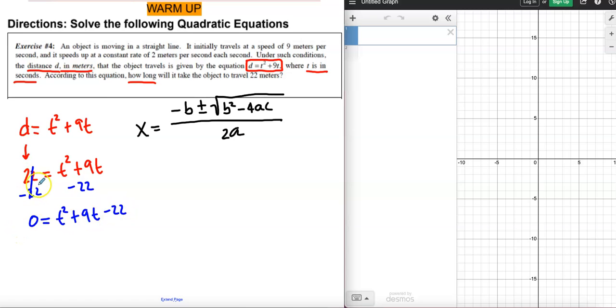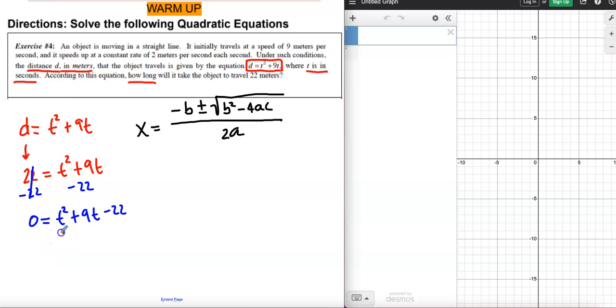I got rid of the 22 on this side, and now it's over here. Since this is now equal to 0, I can identify my a value, my b value, and my c value.